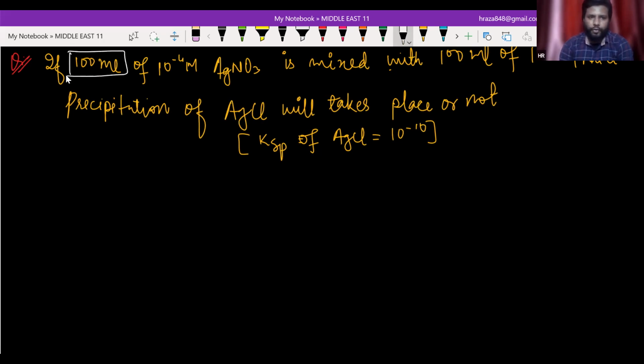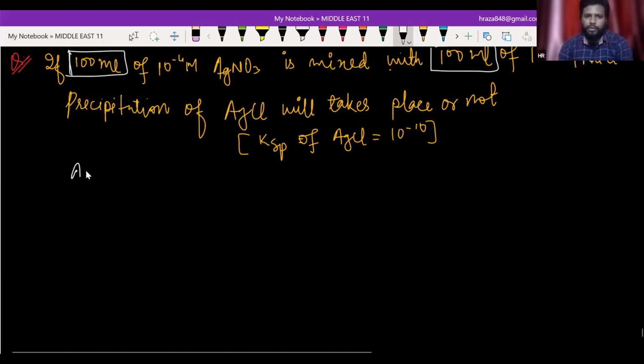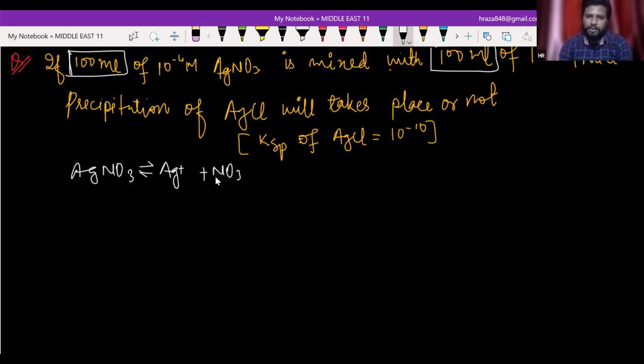Whenever there is the same volume, you can calculate it this way: AgNO3 will dissociate into Ag plus and NO3 minus, and AgCl will give Ag plus as well as Cl minus.